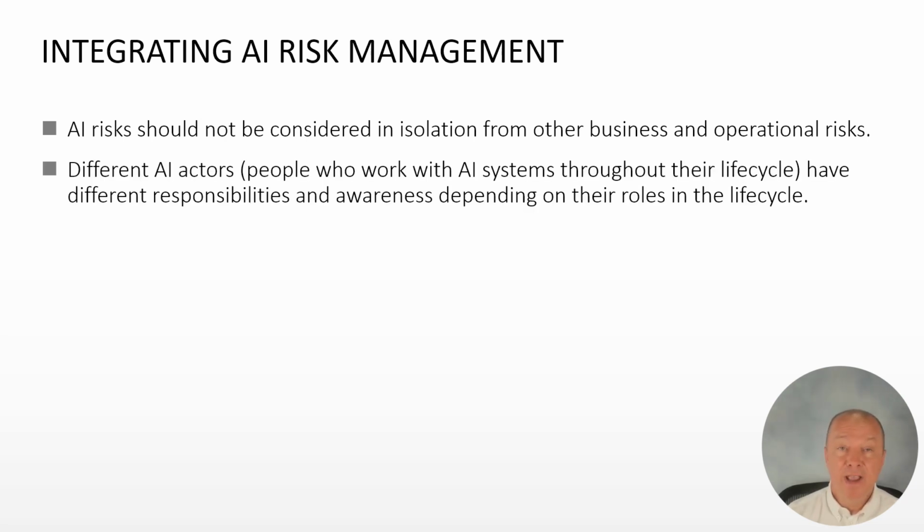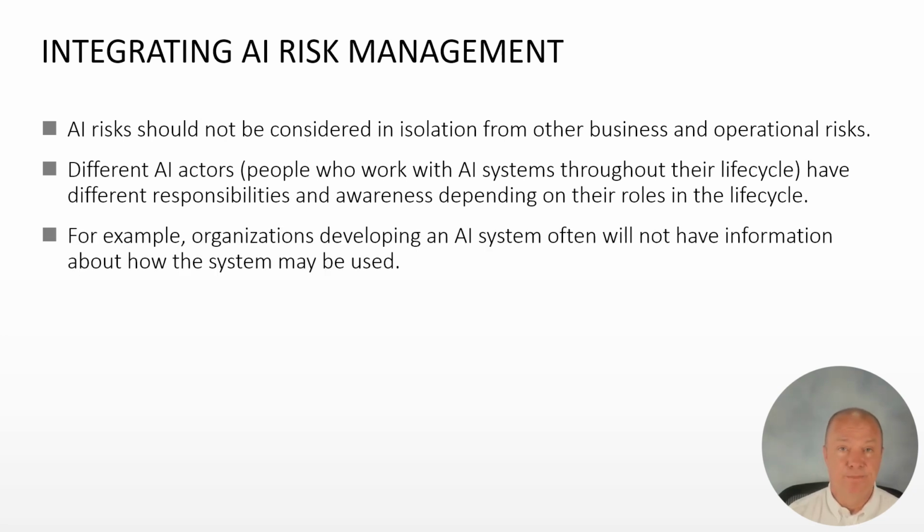Different AI actors, or the parties or people who work with AI systems throughout their life cycle, have different responsibilities and awareness depending upon their roles in that life cycle. For example, organizations developing an AI system often will not have information about how the system may actually be used by the end user of the system.